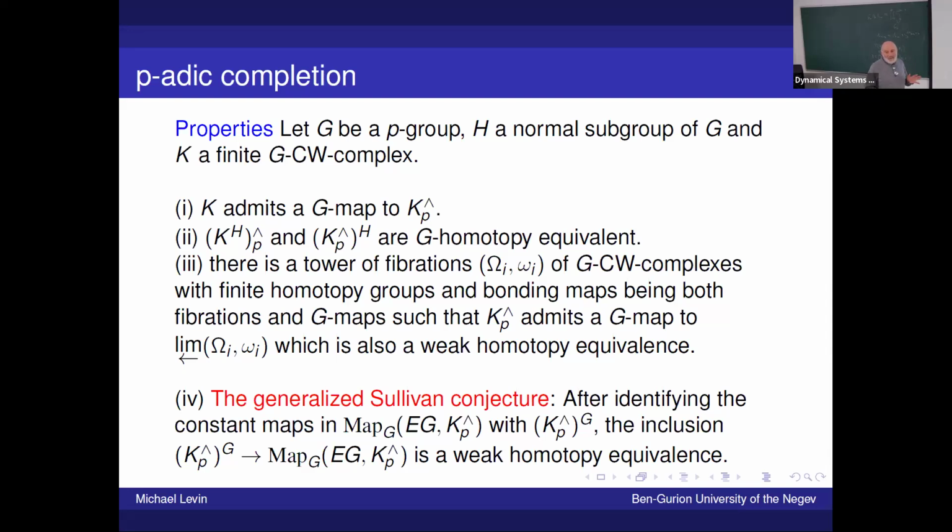There are two approaches, maybe more than two approaches, for completion. Completion is a slightly strange tool in algebraic topology, but it's more or less a functor.